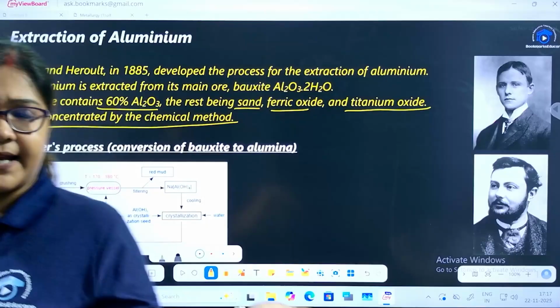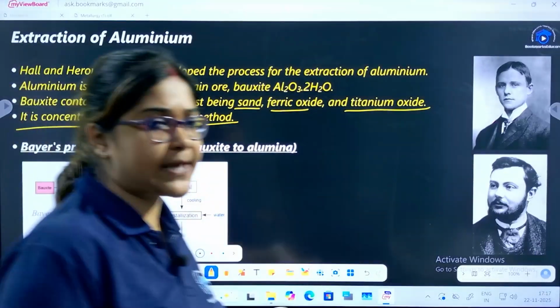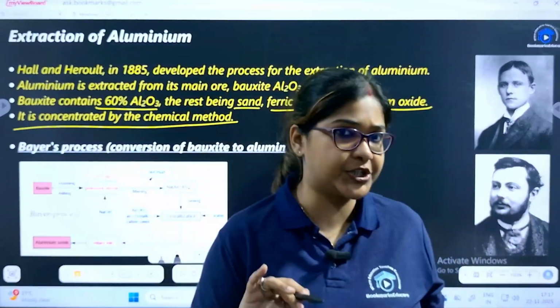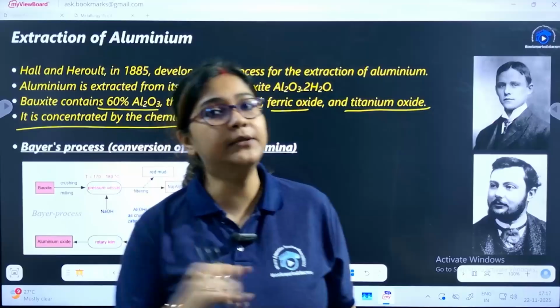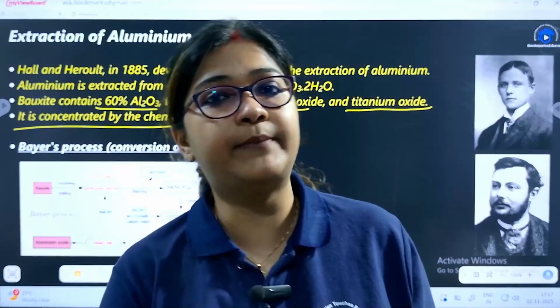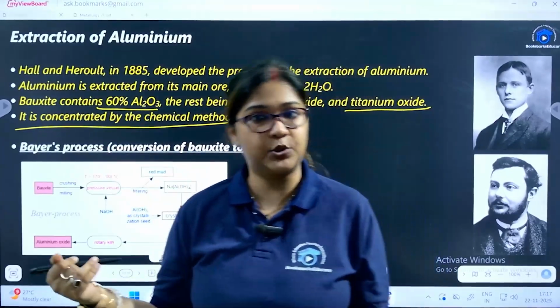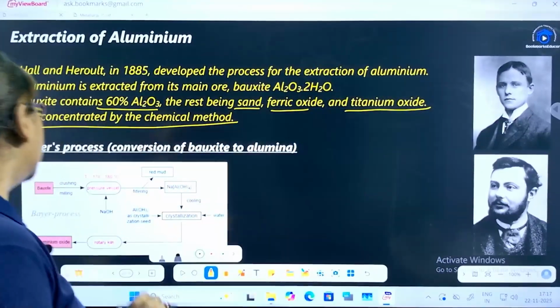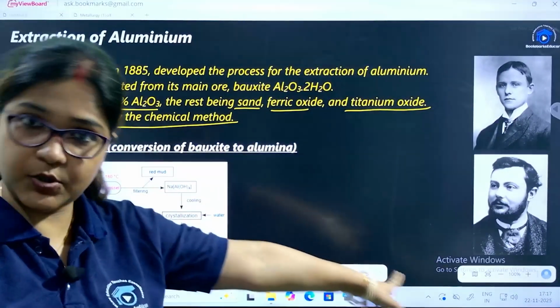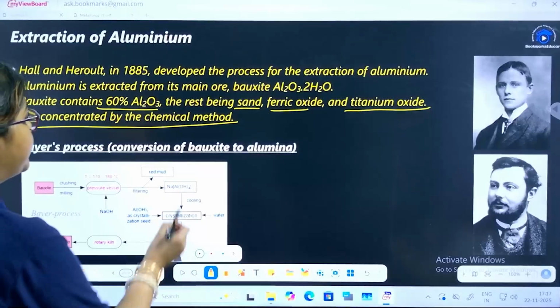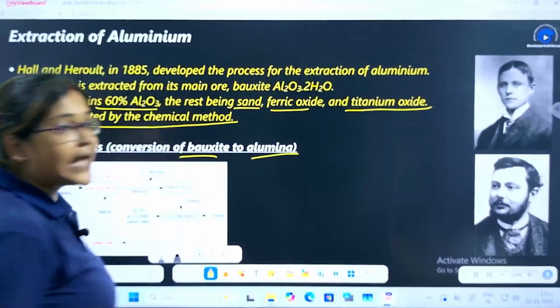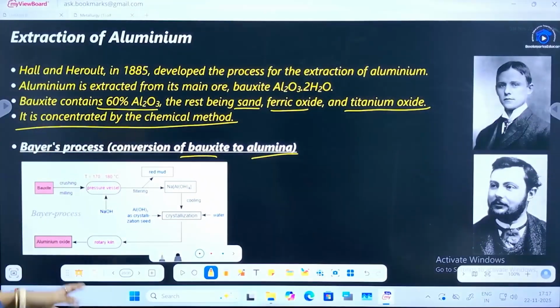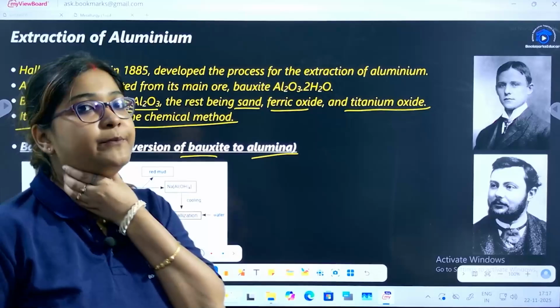I have already discussed gravity separation, magnetic separation and flotation, but here for aluminium you choose the chemical method, or the leaching method. This leaching method is also known as Bayer's process.